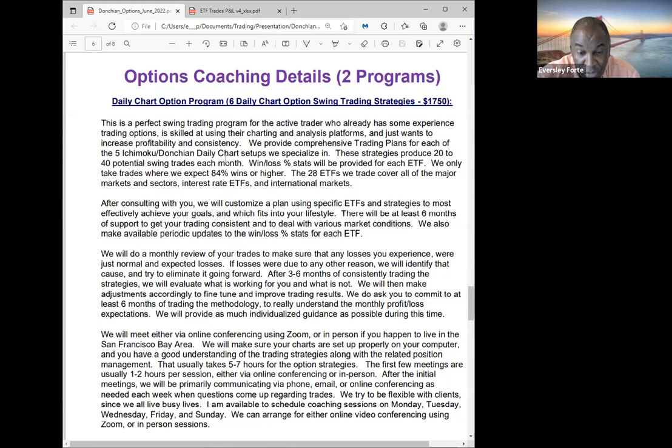Usually the first time I meet with people is to make sure the charts are all correct. If you do charts on your own, there's a zero chance that your charts will match mine. Zero chance. Some of the variables are: what are you looking at? The bid? The last price? The ask price? The mid price? What your platform and screen is set to may not be what my platform and screen is set to.